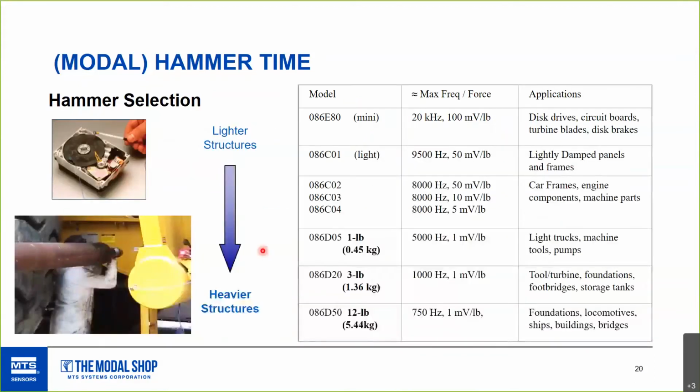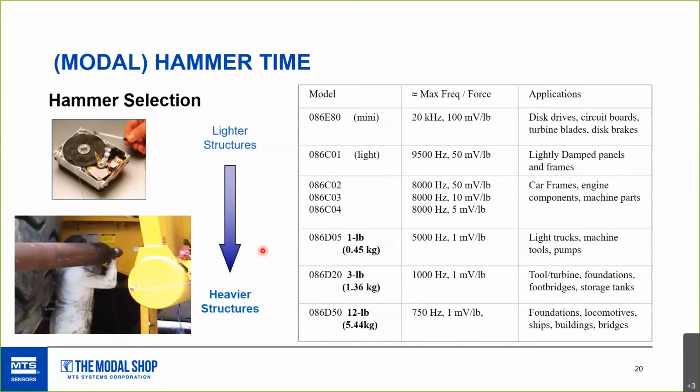Some of the keys for hammer selection really just depend on the size of your structure. A point that we made, if you were on the session a few weeks ago, is that the bottom 3 hammers on the right table all output 5,000 pound force.